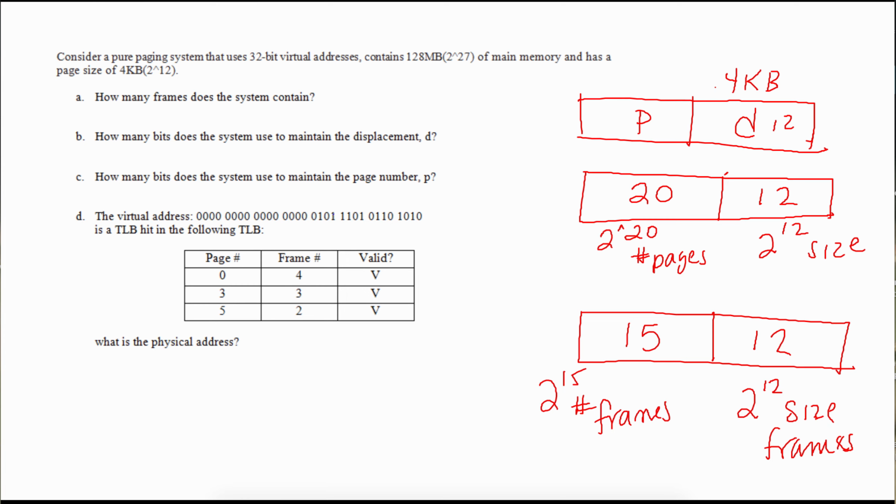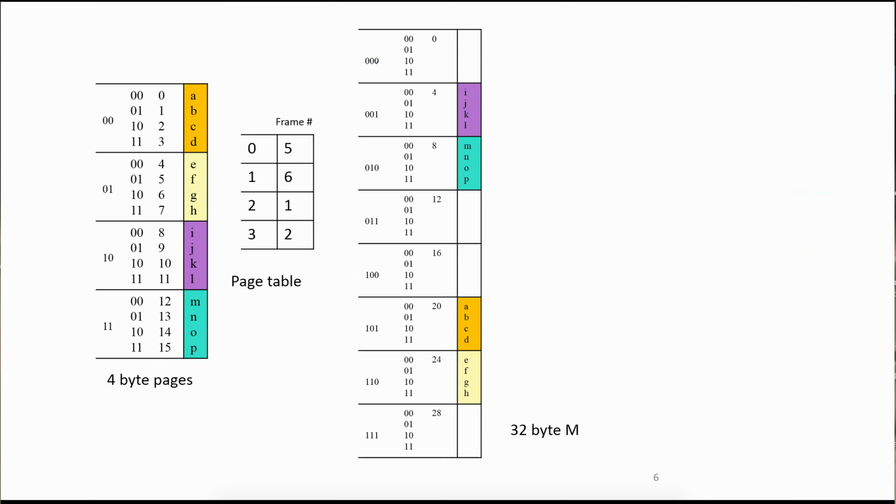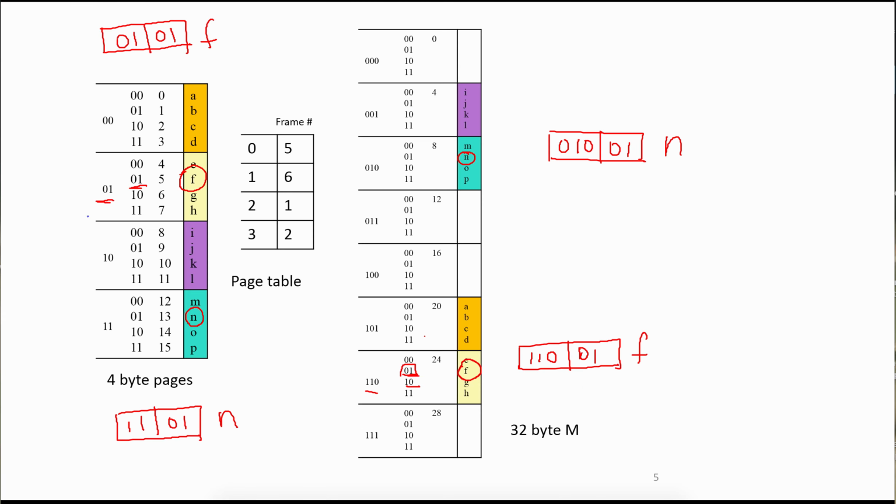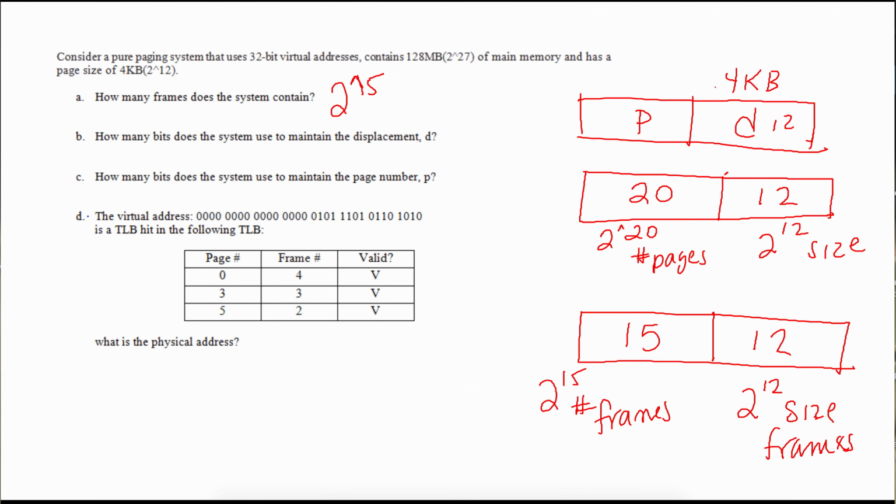So how many frames does the system contain? 2 to the 15. And 2 to the 15 is approximately 32,000 frames.